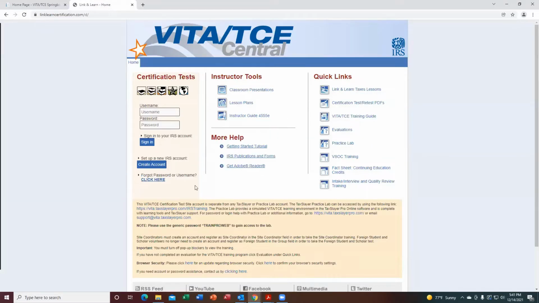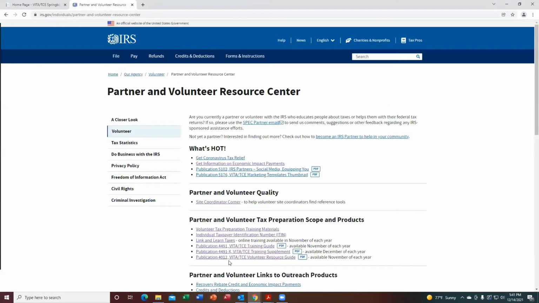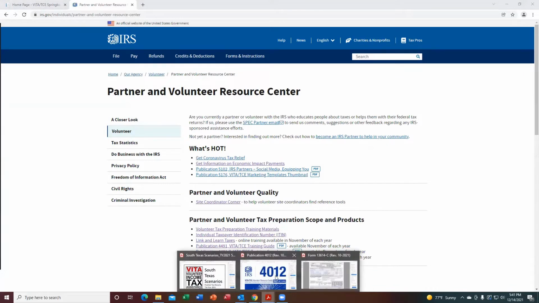And you could also access it here, if you were in the IRS website, under the Resource Center, I believe. And there's your 4012 and your 4491. Again, all of this is available through the IRS website. Okay, 4012.